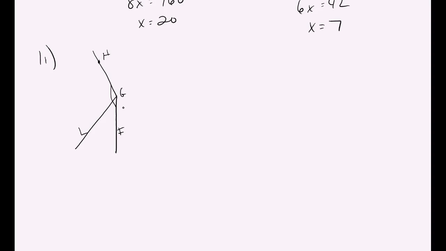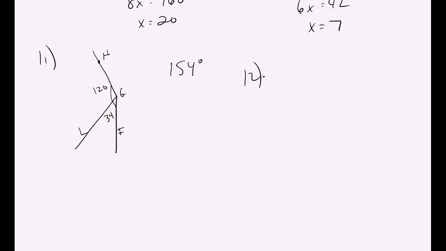If this little one right here, F, G, L, is 34, and L, G, H is 120, then how do you find the angle's total? Well, you just add them together, guys. So it's just 154.